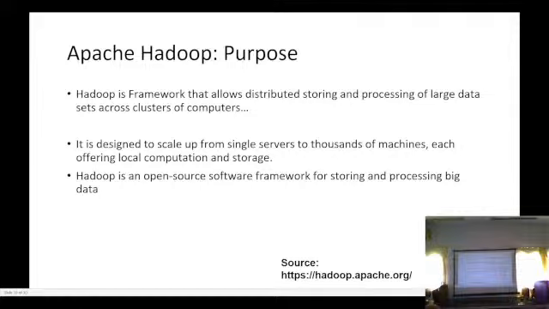Hadoop is a framework that allows distributed storing and processing. The main problem with it is that it is directly interlinked to the storage, that is the hard disk. Because of that, it is a slow process, and Hadoop is open source.